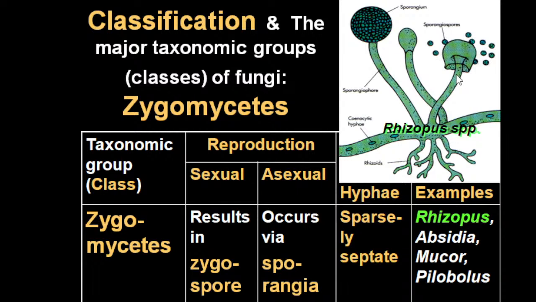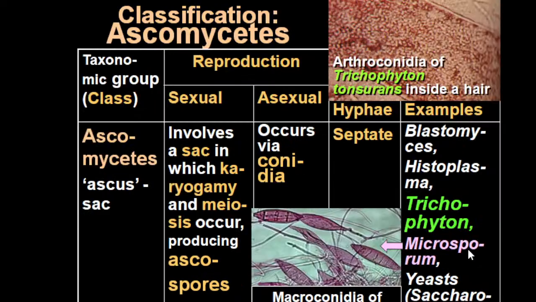Hyphae are usually not septated, sometimes septated, and here we may see Rhizopus, and sometimes Mucor may cause disease. Then the second group is Ascomycetes, where ascus is a sac.